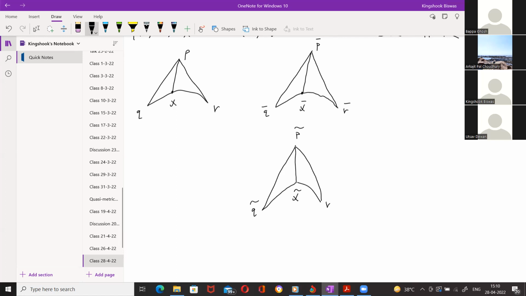All right. Is this clear? Okay, so basically this delta bar is a comparison triangle for PQR.